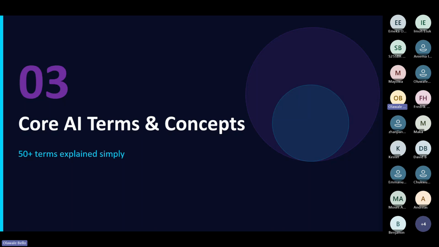I have 50 plus AI terminologies to discuss today, and what I've done is to categorize or group them into concepts, in order to help us achieve more in this section, not to confuse us more, just to make us understand these commonly used AI terms.